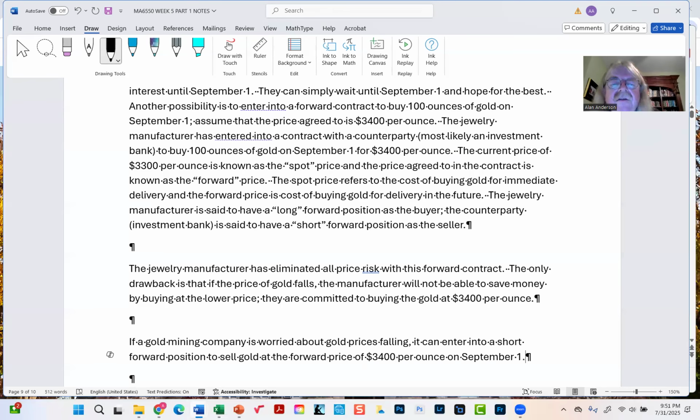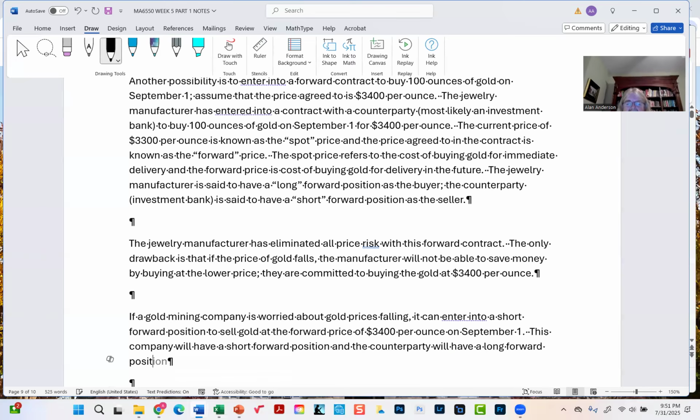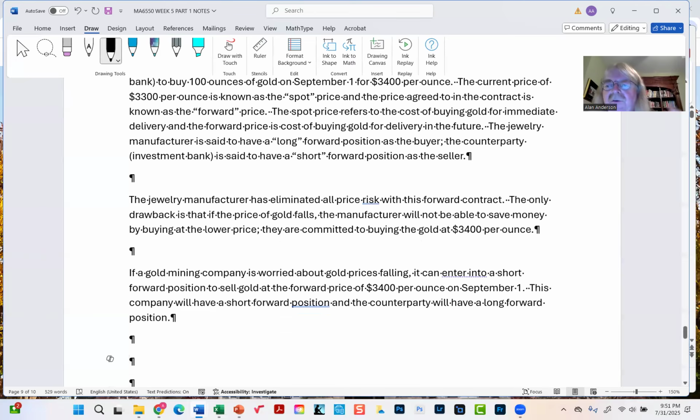And same thing, the price is locked in. We don't have to worry about it. The price risk is gone. But then this company will have a short forward position, and the counterparty, whoever that happens to be, will have a long forward position. You always have to have, of course, a buyer and a seller. So you have to get together with somebody who's agreeing to this.